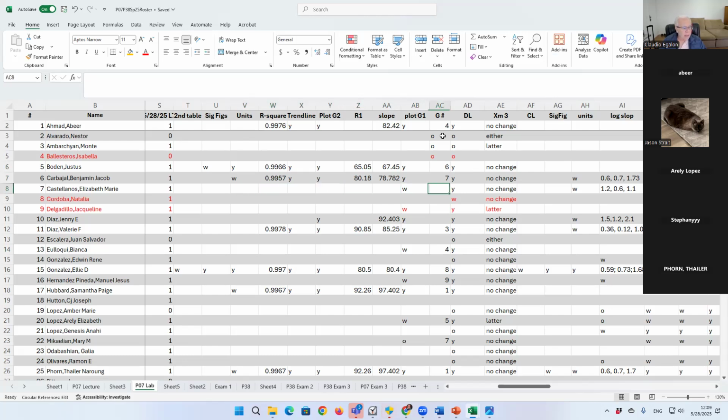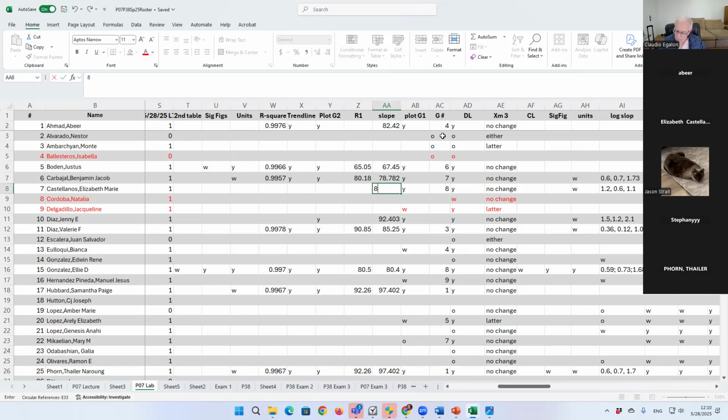Okay, working on the units. That's good. Next is Elizabeth Castellano. Elizabeth here. I'm in group 8. Your group number? 8. Okay. Did you finish plot of graph 1? Yes. What's the slope that you got? 80.3.